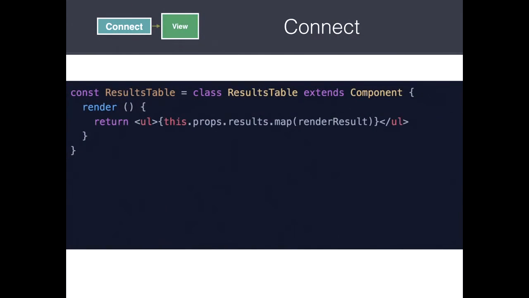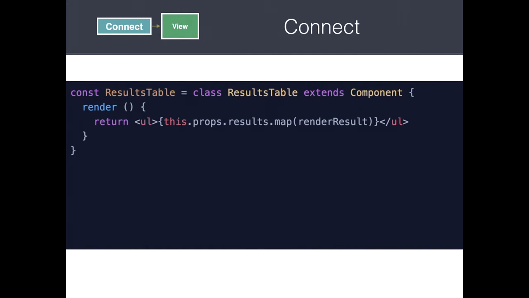So this is a really simplified and dumb version of the results table that I had shown you previously, where this data that we're passing through in the flow is going to end up. And ideally, we want our components to be stateless, and we want them to be pure and completely only depend on the props that they receive.